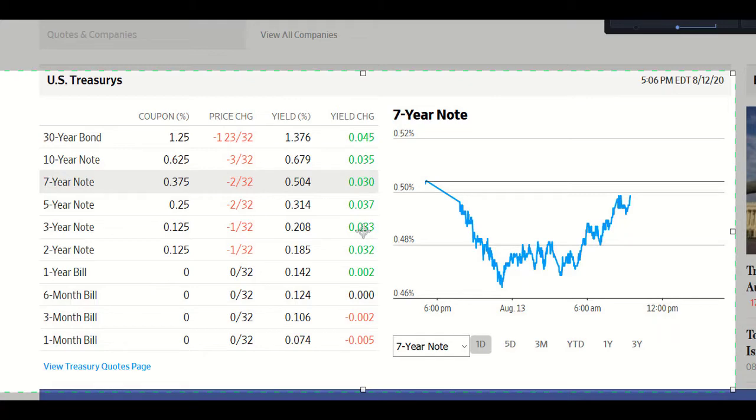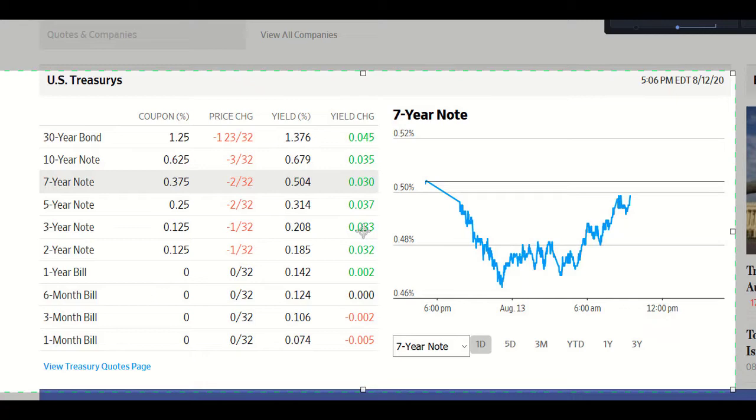There's an inverse relationship, which is why you see what's in the red or the orange column there for price changes as being negative translates into a positive yield in green on the last column of numbers in the table. Then also you see the 30-year bond is generating a yield, that's a yield to maturity, of about 1.376. 1.4% is the yield per year on a treasury bond. Not very much.